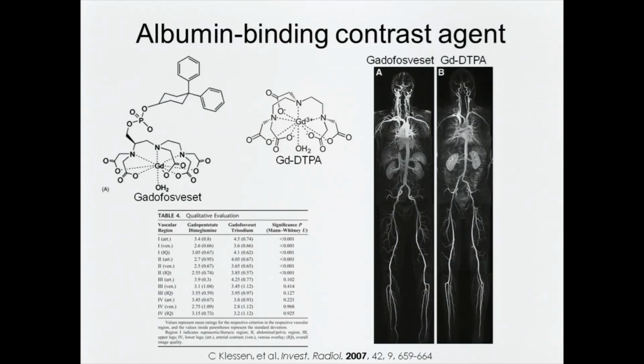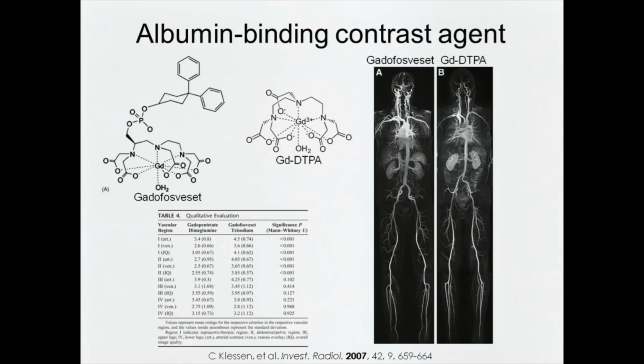And here are two comparative images from different patients injected with these two agents, and I think you can appreciate increased brightness in the patient injected with the long circulating agent, perhaps better visualization of the leg arteries, and in this case with a shorter circulating agent you can see more contrast here in the kidneys, indicating its excretion.